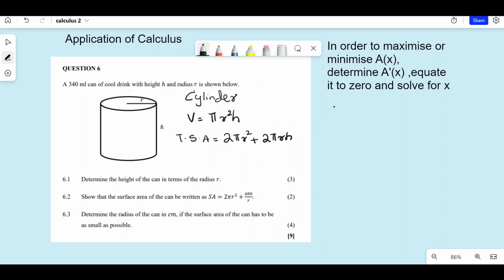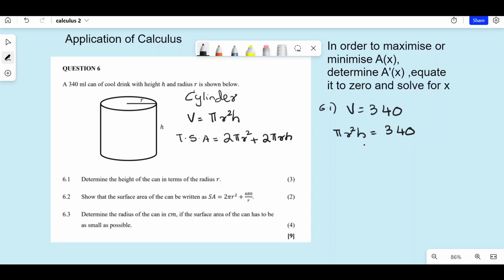Now, given that, we are doing 6.1 now. Given that volume is 340 ml, which is pi r square h equal to 340. Therefore, you are asked to find the height h in terms of r.